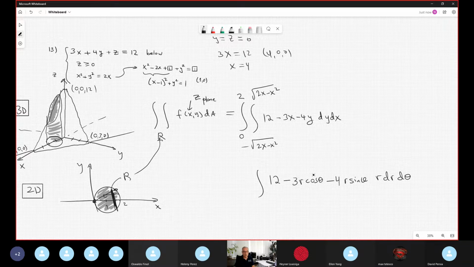And the r of this circle is, look, you take this equation one more time. x squared plus y squared is r squared. And 2x is 2 r cosine theta. Therefore, r is equal to 2 cosine theta. So I go from 0 to 2 cosine theta.